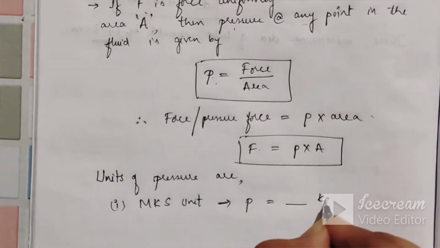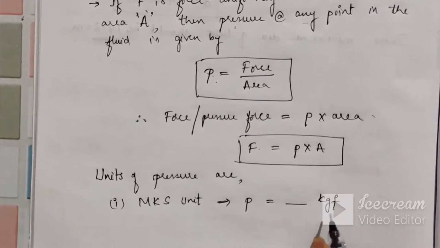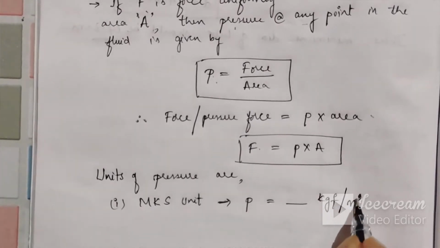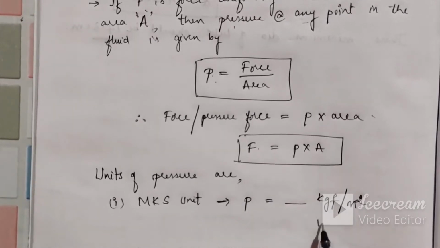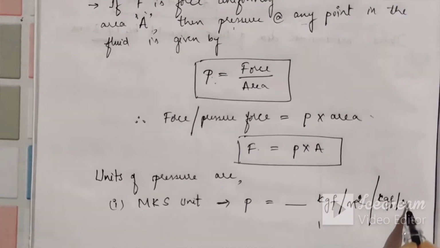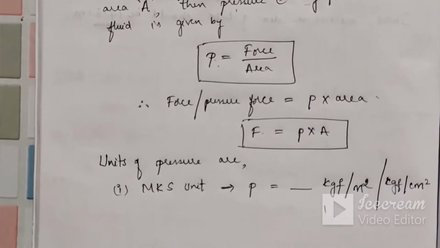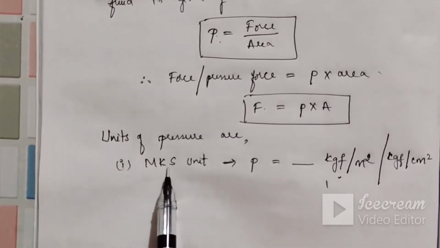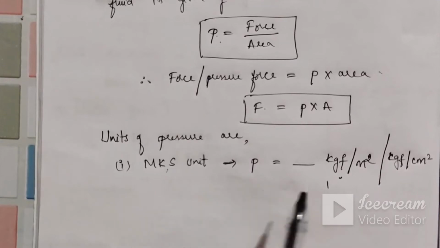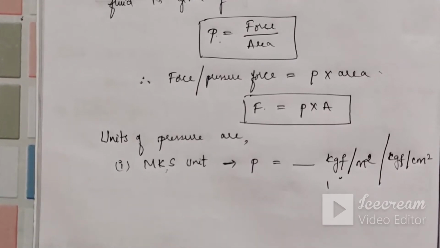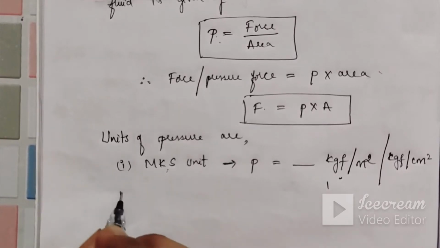The unit of pressure will be kgf per meter square, or kgf per centimeter square. That is the unit of pressure in the MKS unit.